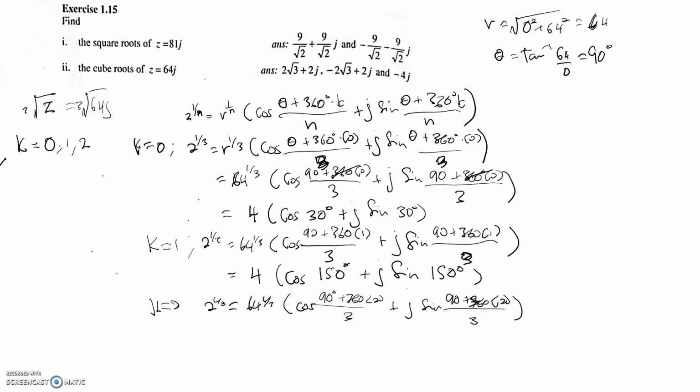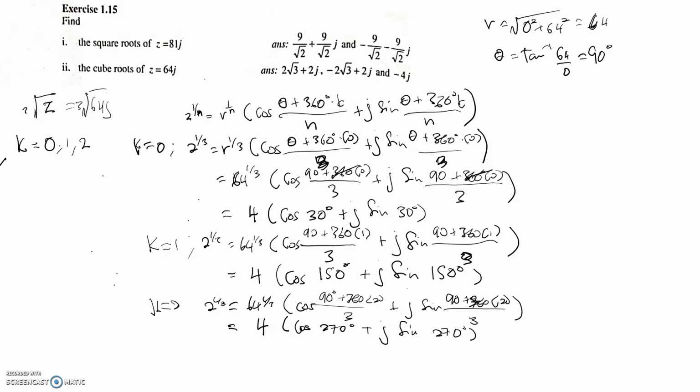Okay, so this will be equal to 4 cos 270 plus j sine 270.